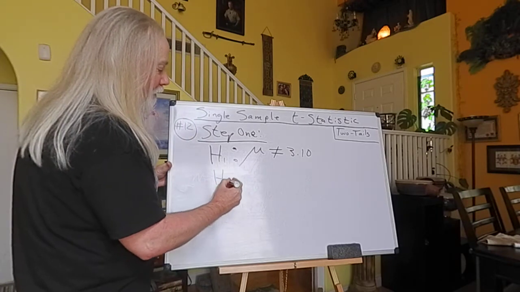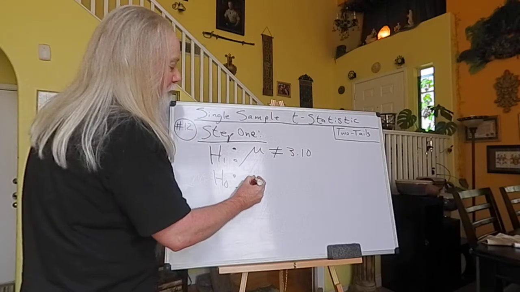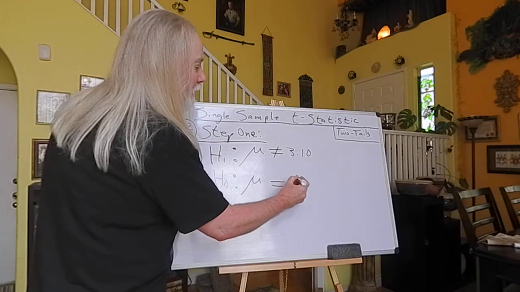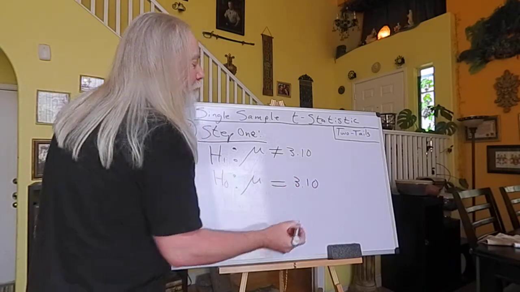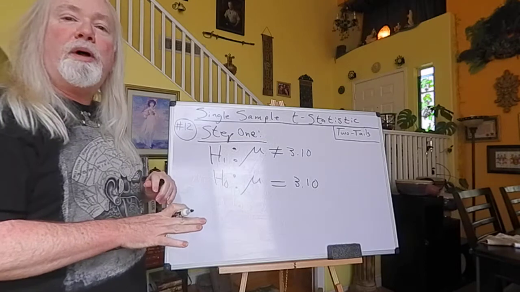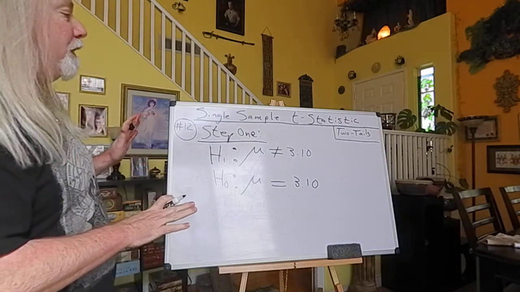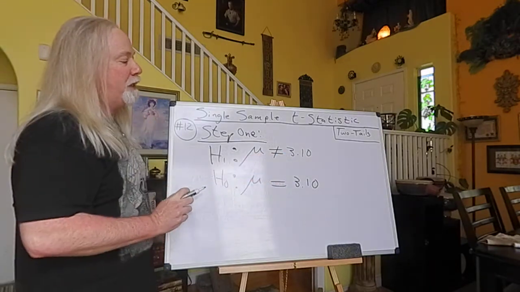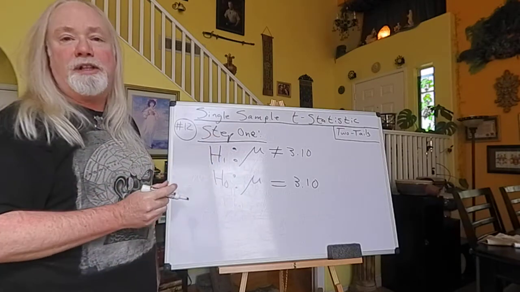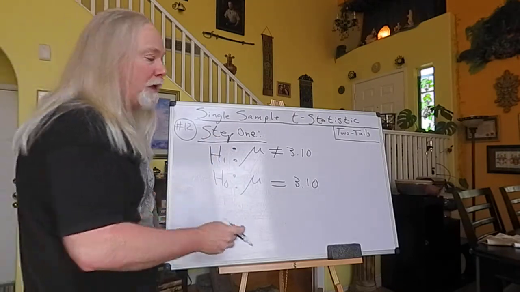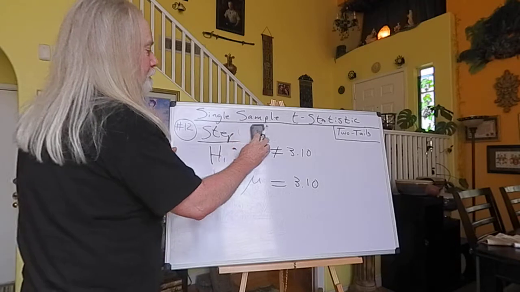So the null hypothesis is the treated population mean will still equal 3.10. So again, just like step 1 from before, no difference there really at all. We pulled that number right out of the book, and the rest of the formatting is the same. Okay? So, step 2.